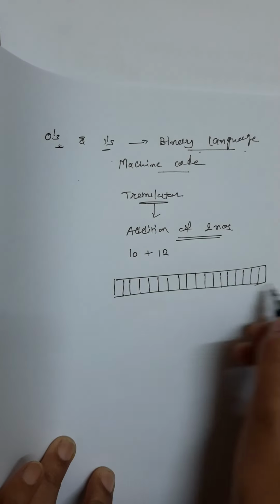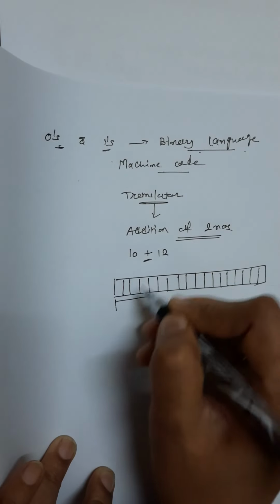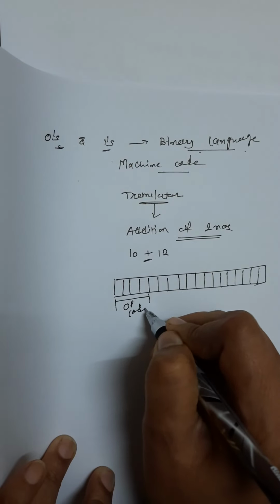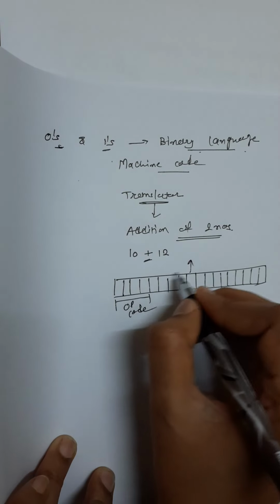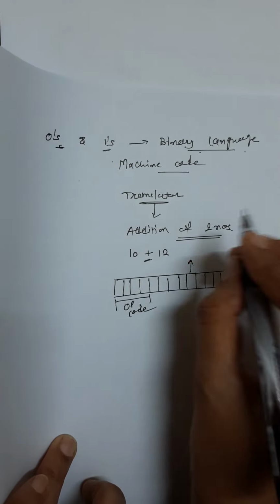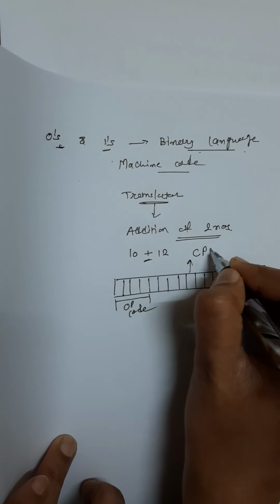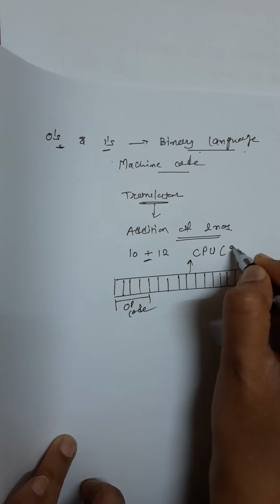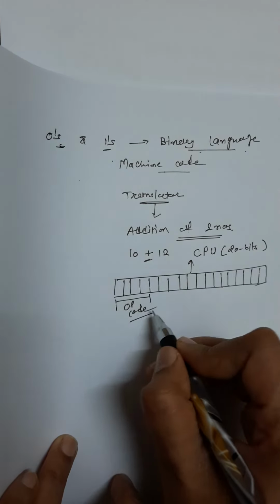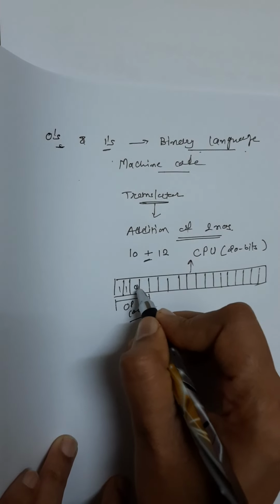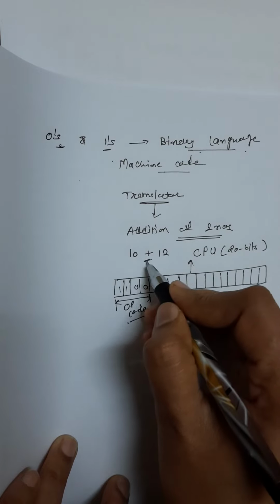The program we write is for the CPU, which is executing an instruction set of 20 bits. Here the first 4 bits will be for the opcode, which is for the operation.